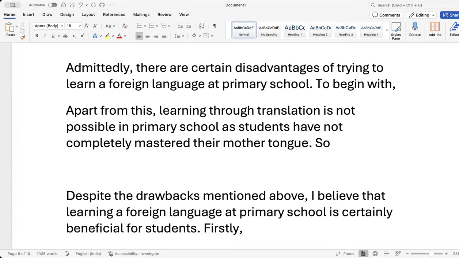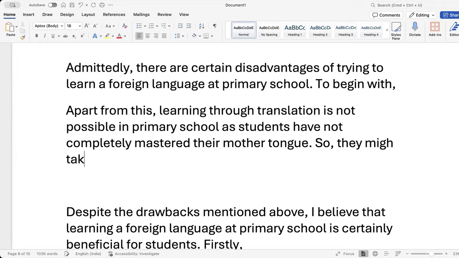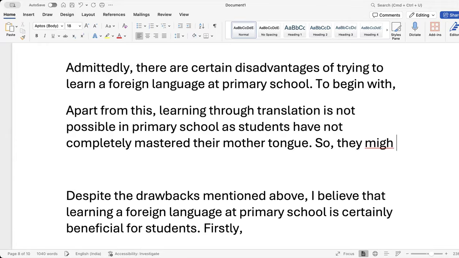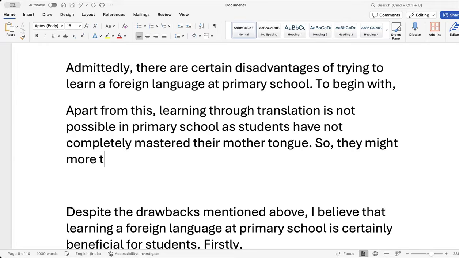So they might take more time. So you can write, they might take more time to learn the language.